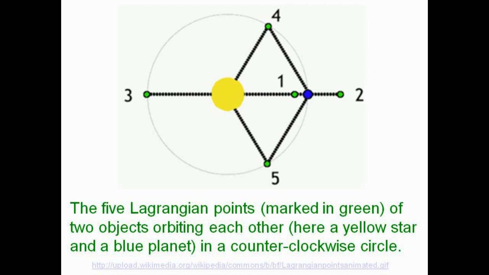And even with the Earth and Moon, which are not nearly as different as the Sun and the Earth, they're still just a few miles different. But if you had masses that were very close together, like a binary star, for example, then these points would be greatly different in their distance from the second object. And of course, here's our equilateral triangle.